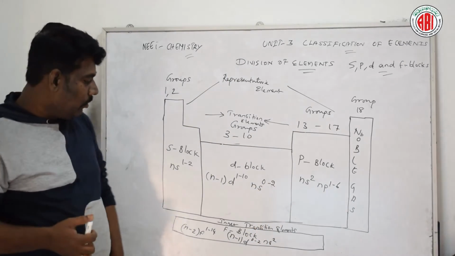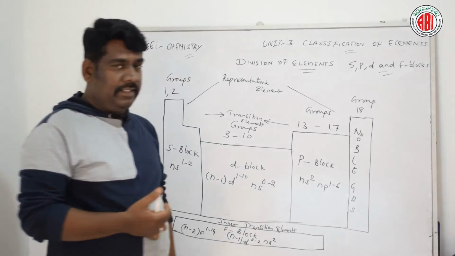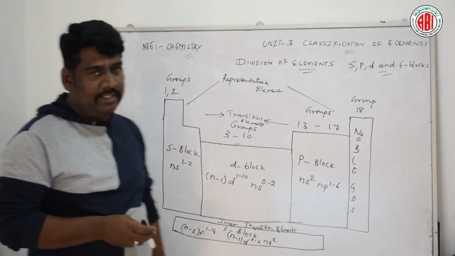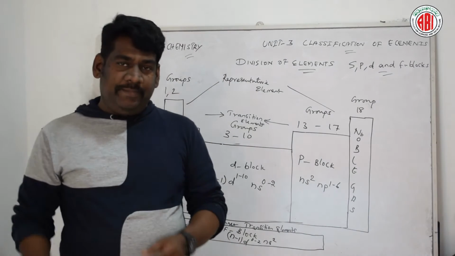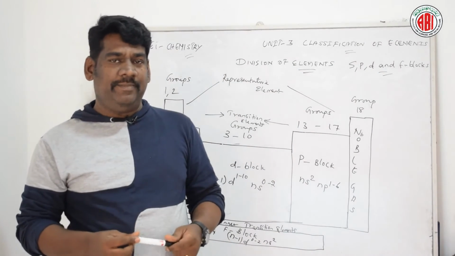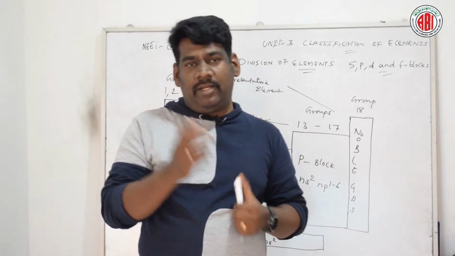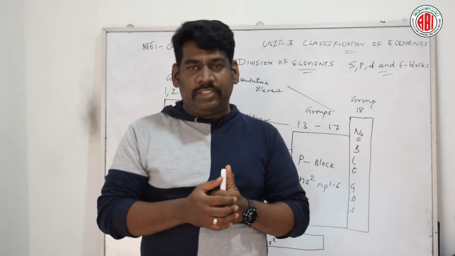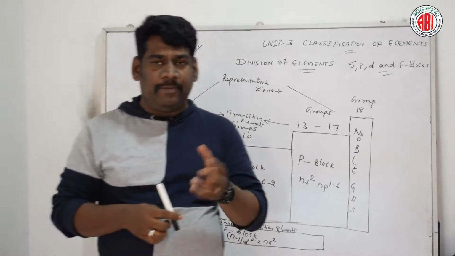Right, now let us talk about the third type of block of elements, called the D block elements. In D block elements, the last electron enters the D orbital of the penultimate shell.